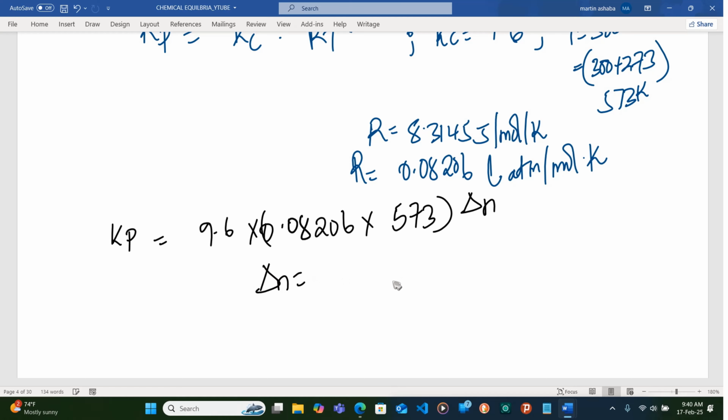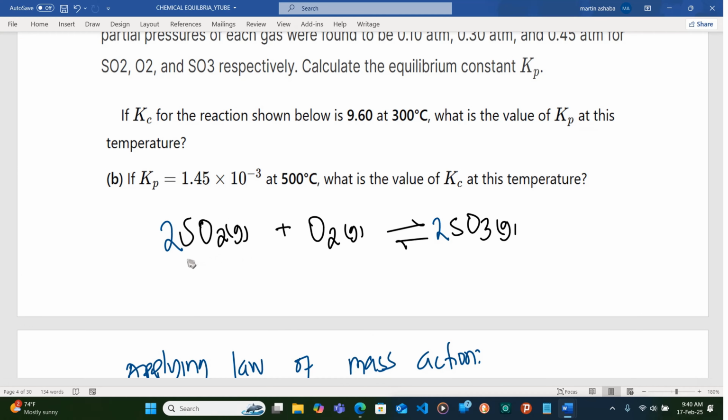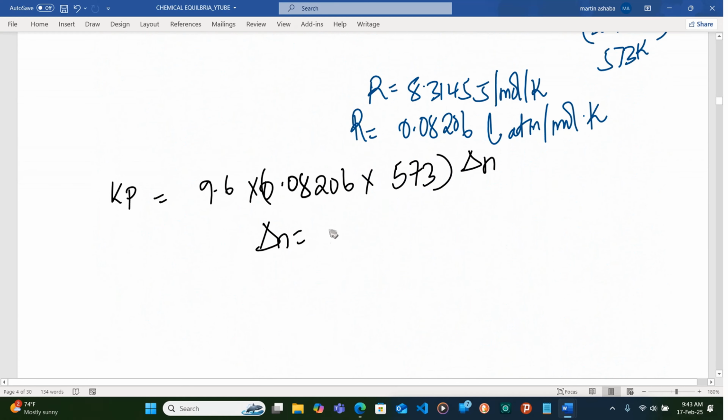But the change in n is equal to, remember, according to the reaction that we have here, we will be getting the products, that is 2. We take away the sum of moles of the reactants. So this is going to be 2 minus (2 plus 1), which gives us 2 minus 3, and this is negative 1. So this is the change in number of moles, and that's what we are going to use here.